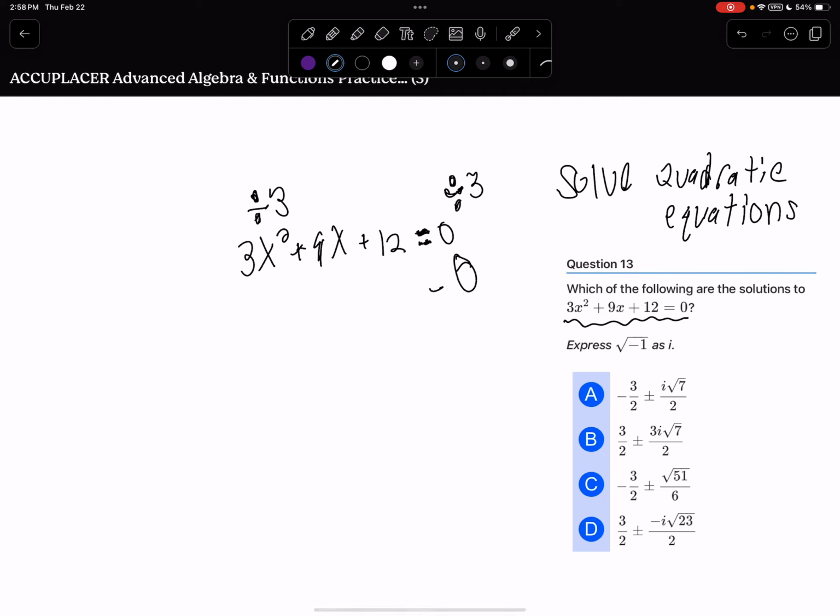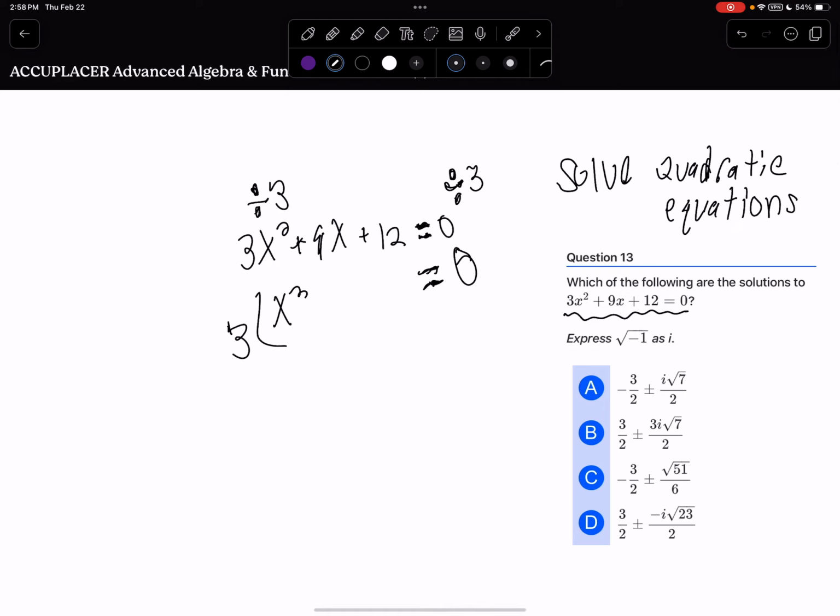That's just still 0. 0 divided by anything is just 0. But that doesn't change anything, and that's very convenient. This one, I pull the 3 out. I say I pull it out, I divide it out. I'm left with x squared plus 3x plus 4. Is that right? 4 times 3. So if I multiply that 3 back in there, I can double check my work, right?